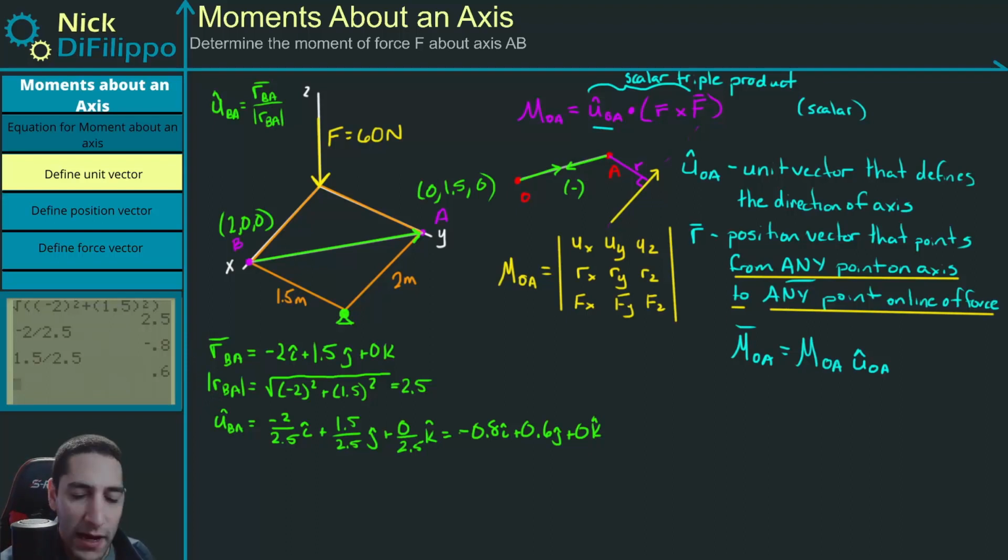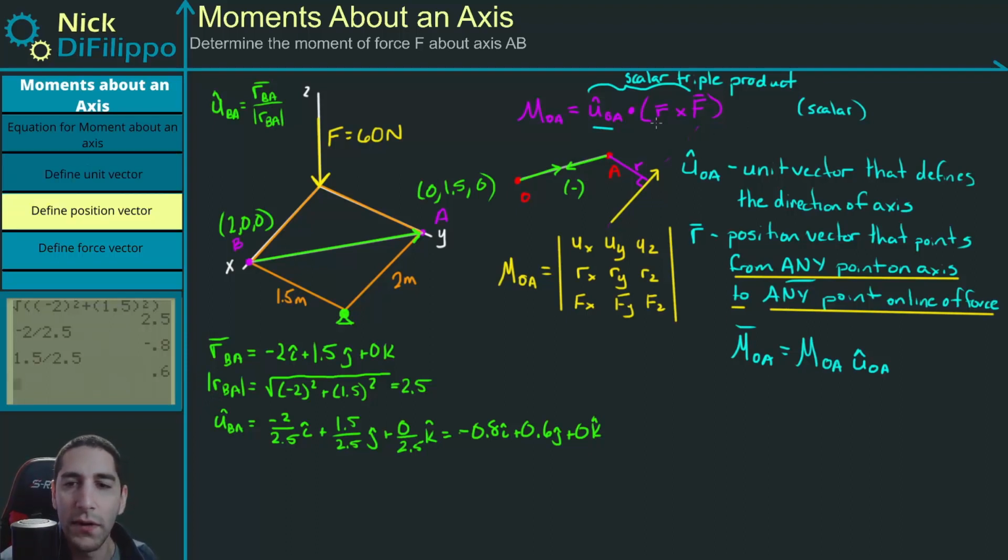Next, I need to define my position vector. That's the next one right here. My position vector is any point on the axis to any point along the line of the force. Like I said, it's normally defined by the problem that you're given. I know the point A, I know the point B. So I know F goes through the origin.